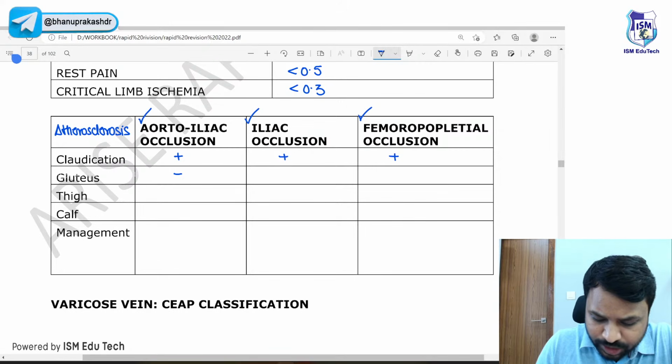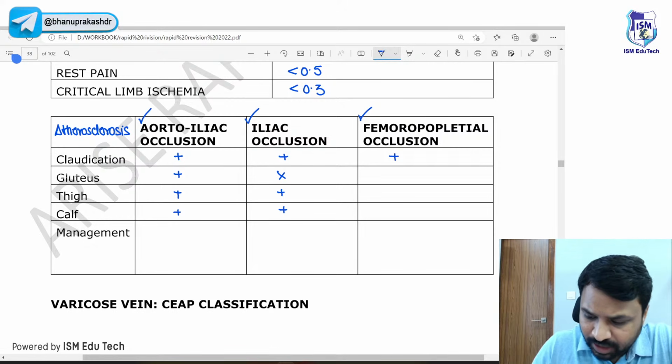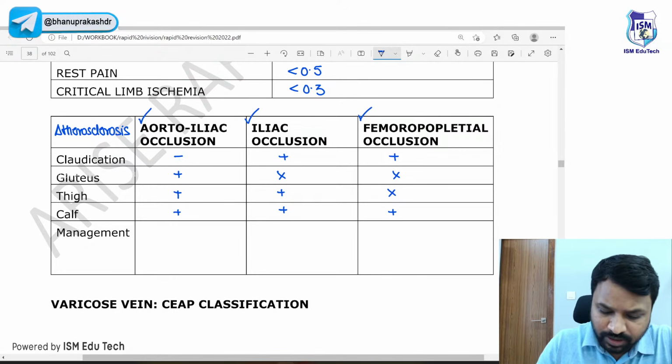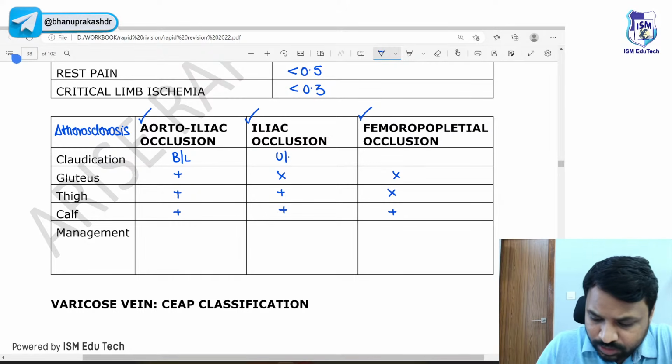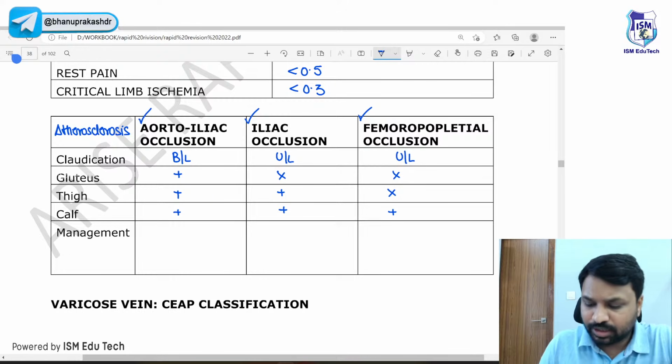Aortoiliac will have claudication at the gluteus, thigh, and calf. In iliac there is no claudication in the gluteus, but claudication will be in the thigh and calf. In femoropopliteal, the claudication is only present in the calf region. Here it will be bilateral, and in both these other conditions, it will be unilateral.